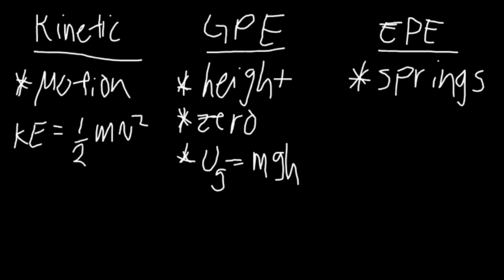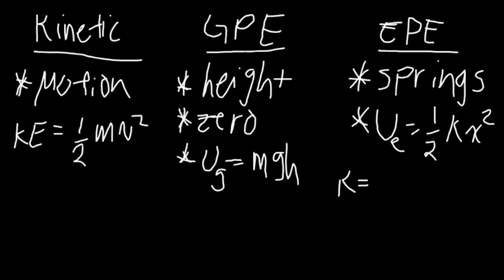Alright, so the equation for that, you might see it denoted as U sub E, is going to be 1/2 kx squared, where k is the spring constant. The spring constant tells you how stretchy a spring is, or you can say how resistant it is going to be to a change in its length.